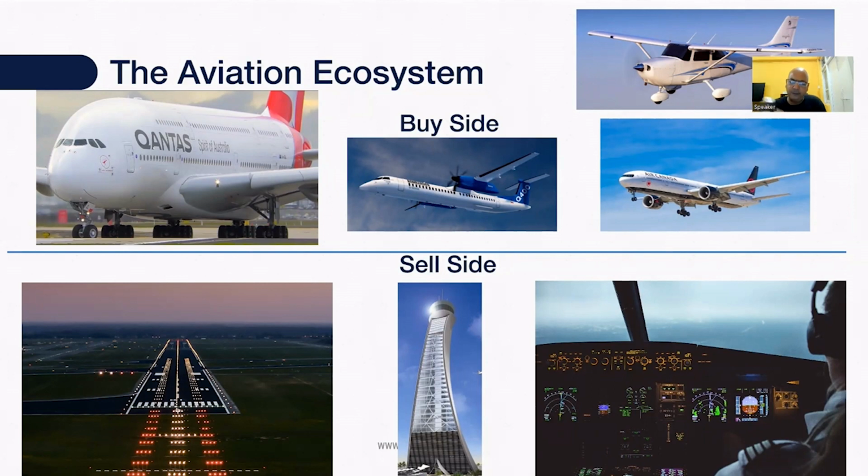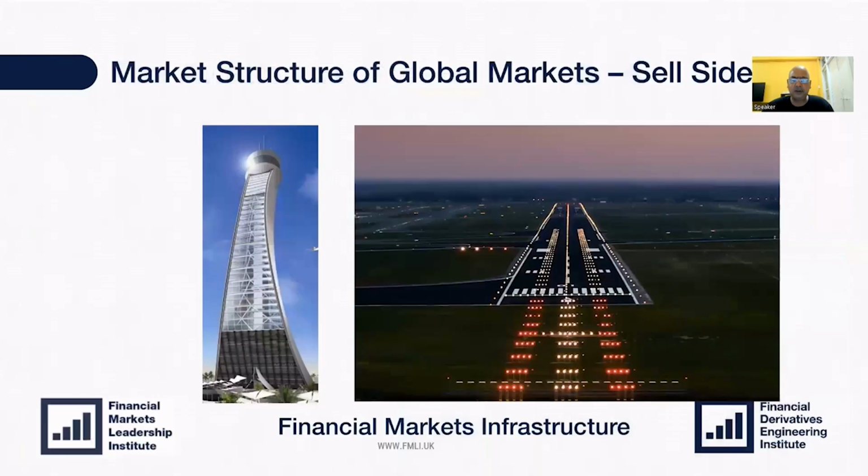From here, it will start getting interesting. And I will explain why you actually fail in financial markets. So, the sell side of aviation is understanding the runway length, nomenclature, understanding the lights, aligning your aeroplane along the central line while landing and taking off, and being able to talk in English or a common language with the air traffic control.